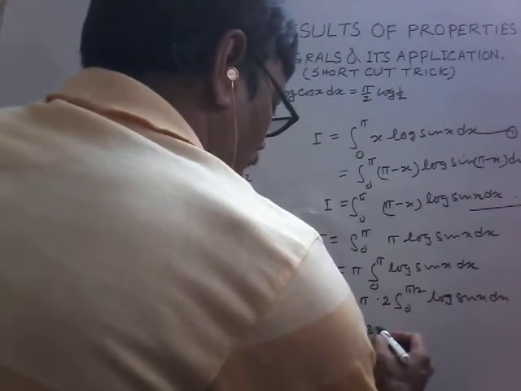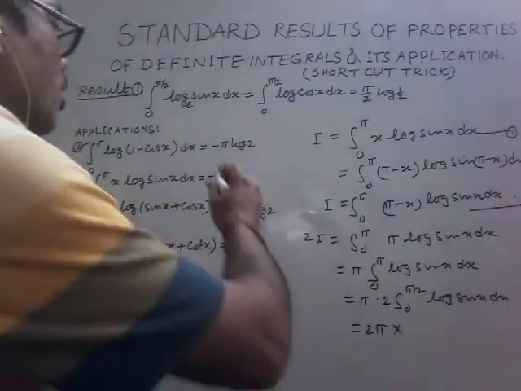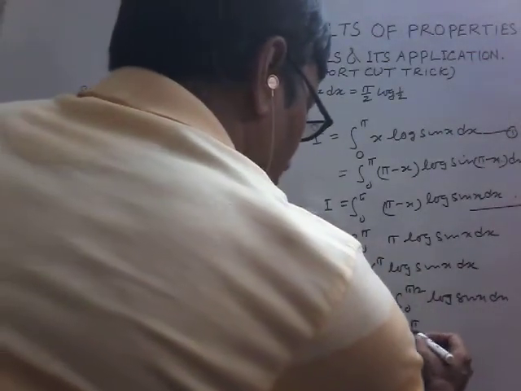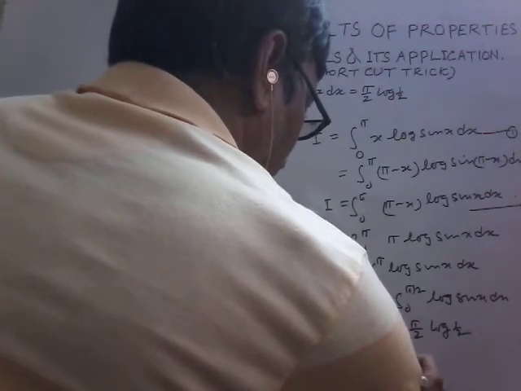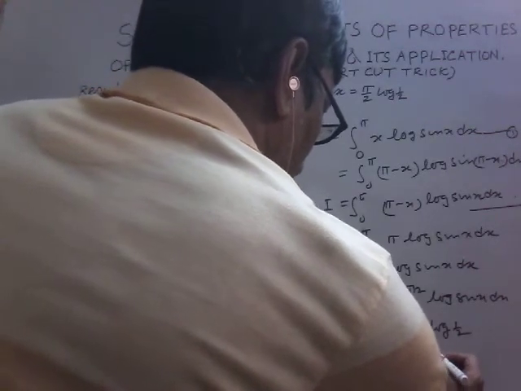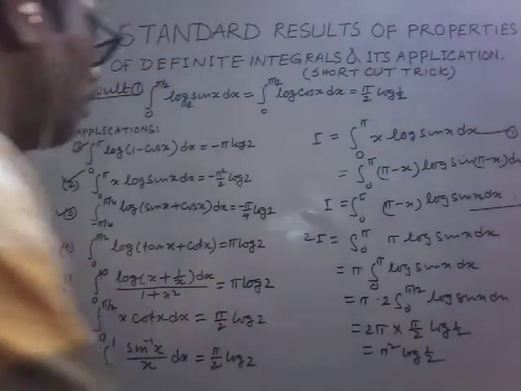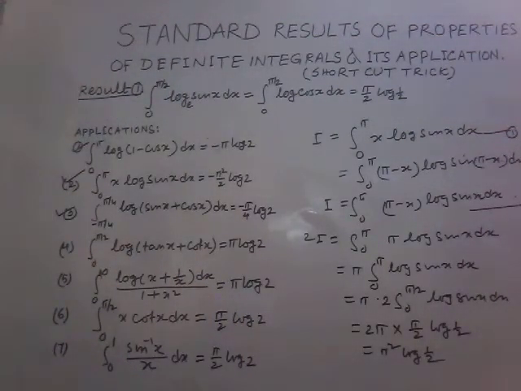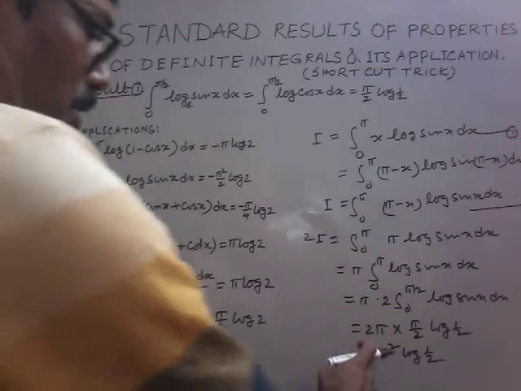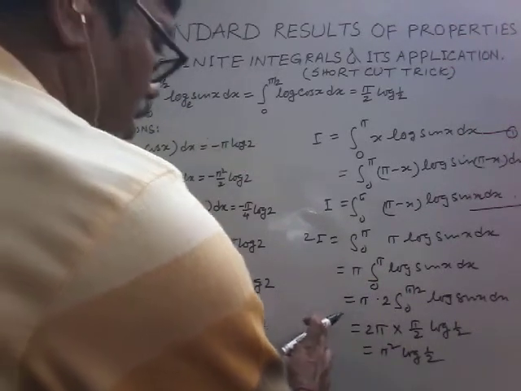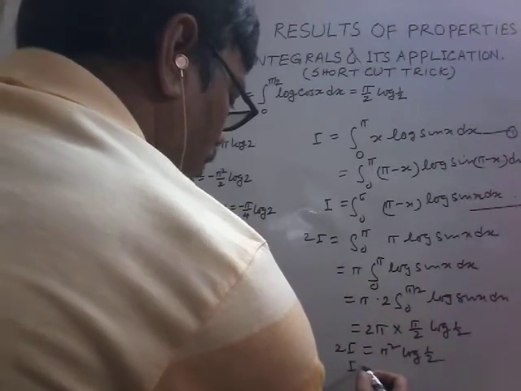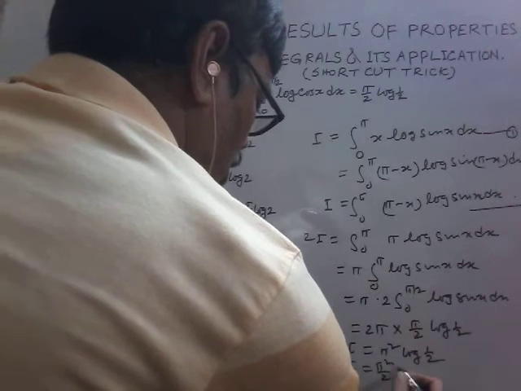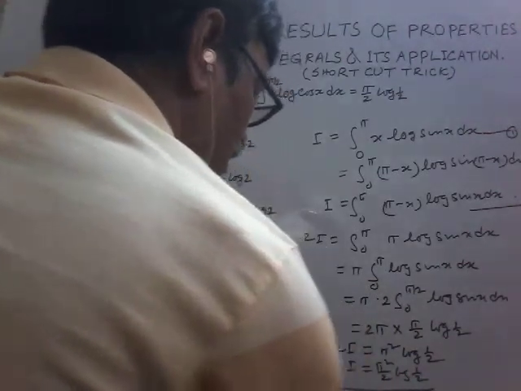So 2 pi, and this is our standard result, pi by 2 log half. So finally pi square log half. This is 2I. Now what is I? Pi square by 2 log half.